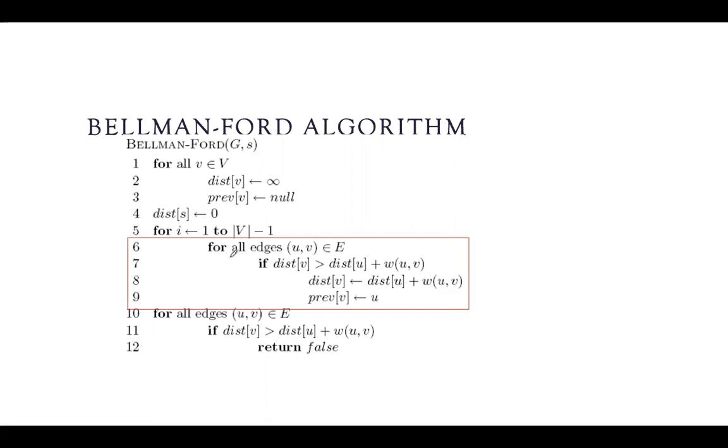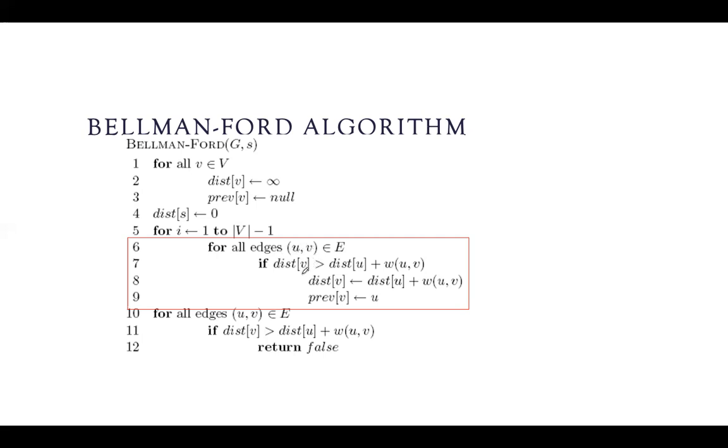Inside the for loop, in each iteration, you should check all the edges. If there are 4 vertices, it will take 3 iterations. In all 3 iterations, you have to check the weights of all the edges and update the distance of that particular vertex. Consider edge UV.